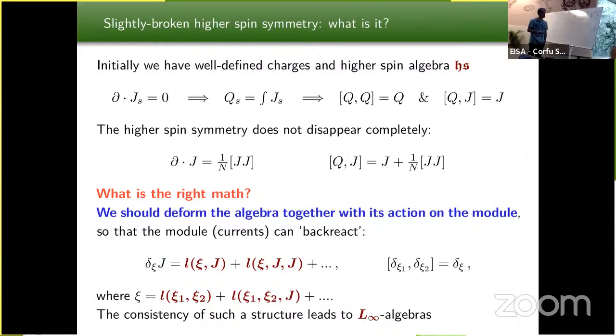In this L infinity, you just have two degrees, one corresponding to higher spin algebra and another corresponding to currents, so that you can deform your action accordingly. And also you have to make sure that commutator of two transformations give you transformation of the same kind, which now on top of the bracket in the higher spin algebra can have some additional terms here. So that's an L infinity algebra.